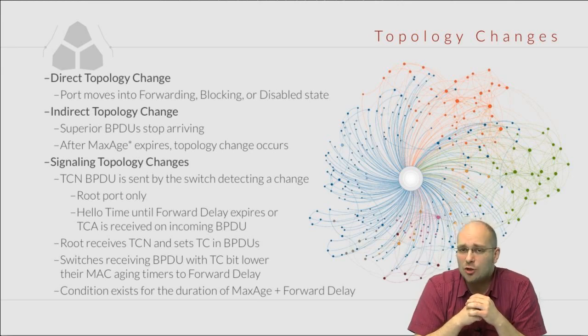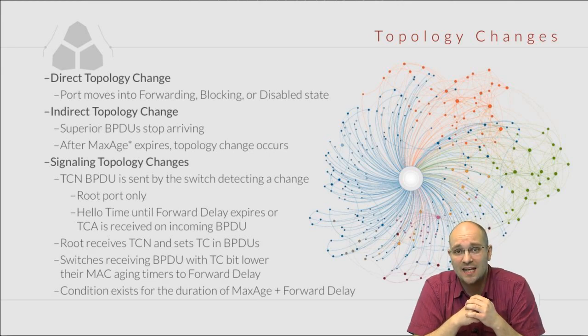What it's instead going to do, on the next configuration BPDU it sends, is set the topology change bit, the TC bit, to 1. This will signal all the switches in the network that somewhere a topology change has happened.